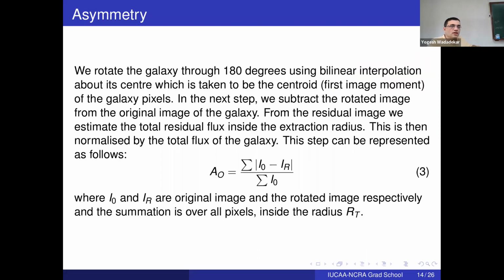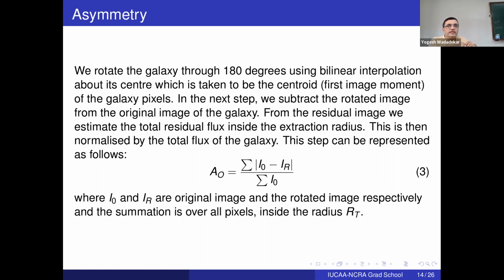Okay. The next parameter, so what we are studying now is something known as CAS parameters: concentration, asymmetry, and you'll see what S means in a minute. These three together can be used as an effective proxy in place of the bulge-disc decomposition outputs. So asymmetry is a simple idea.